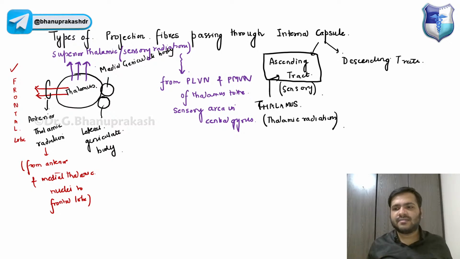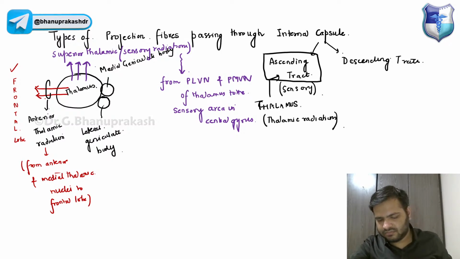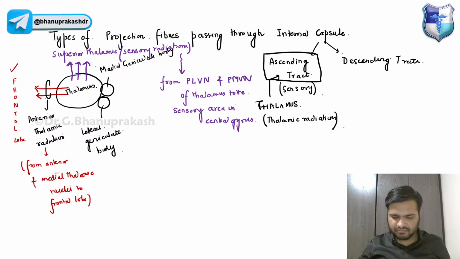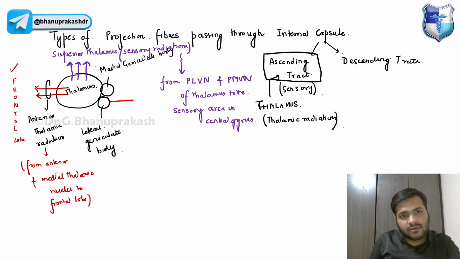Now we have two radiations, guys. The one which is coming from the lateral geniculate body, and guys, you already know it is the visual sensory area. Right? So these radiations, guys, remember, they are going from the lateral geniculate body to the visual sensory area in the occipital lobe.